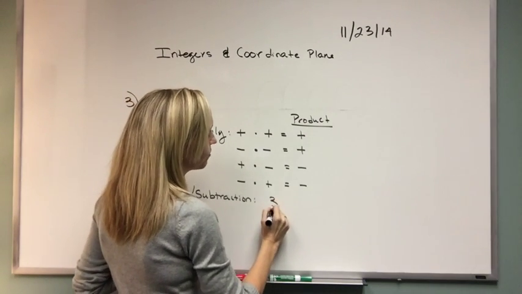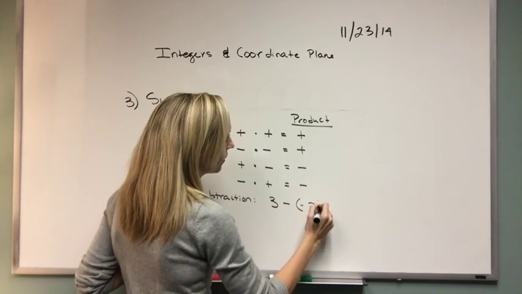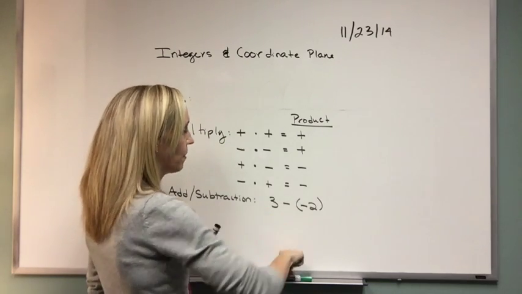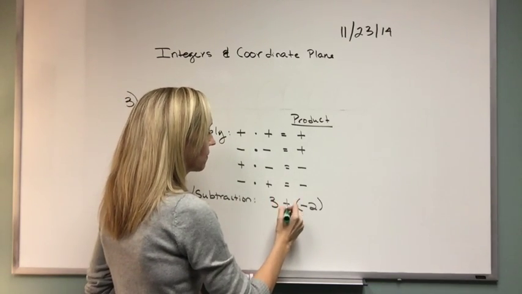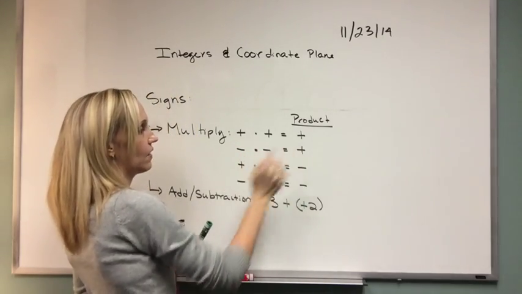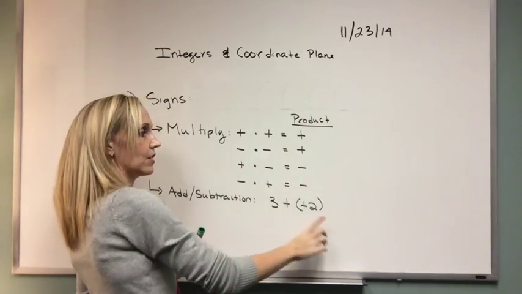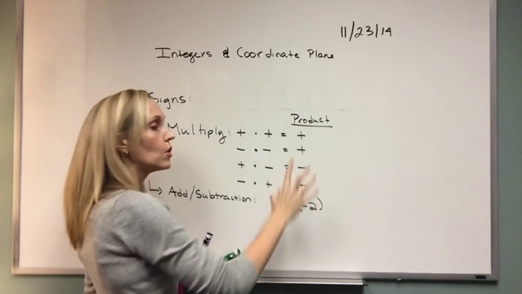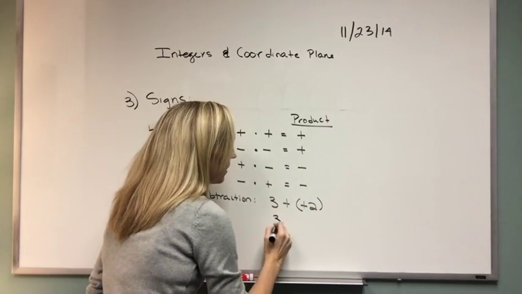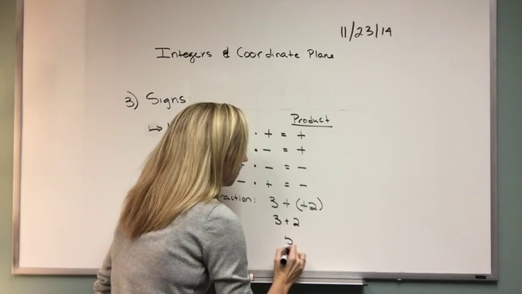Remember that when you subtract a negative, what happens? The subtraction of a negative becomes positive. So when you subtract a negative, because a negative times a negative is positive, that's why that happens. It's because you actually have multiplication occurring. So the subtraction of a negative results in really 3 plus 2, which is 5.